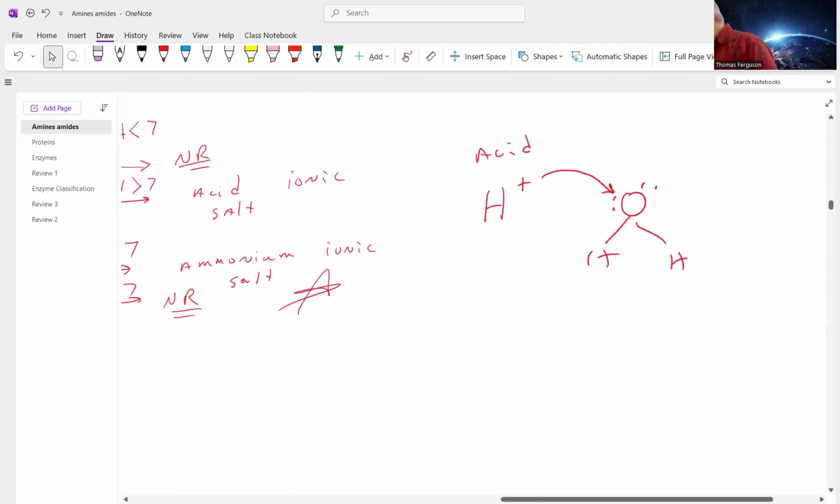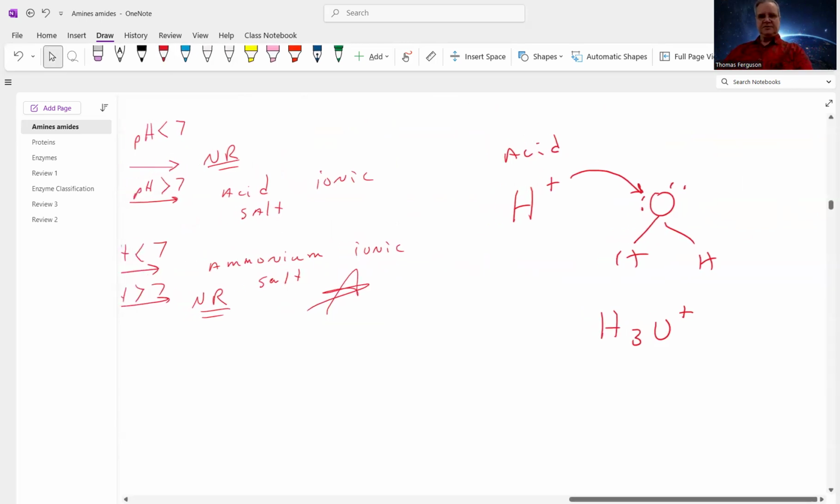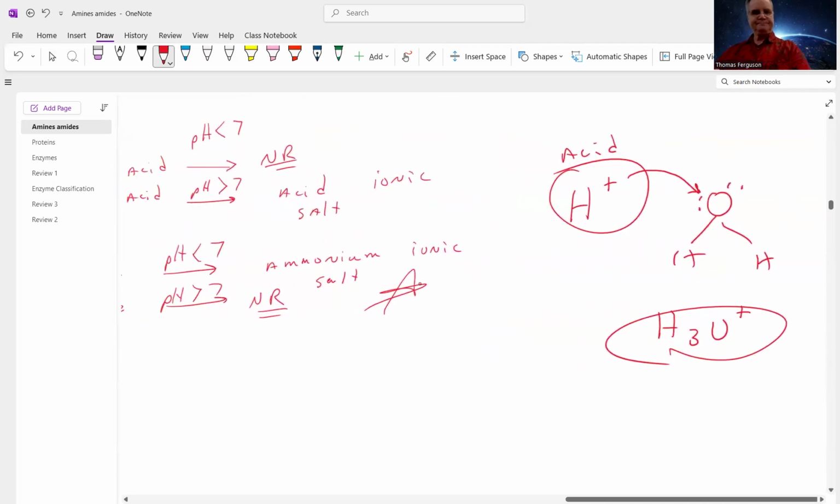And the charge is also plus. So acid and water looks like that, not that.